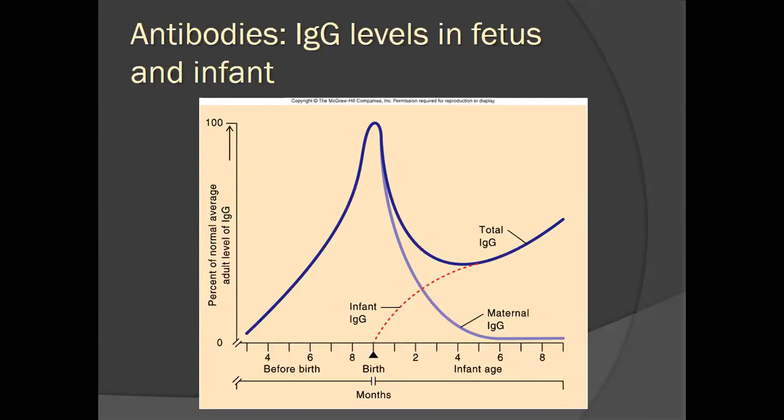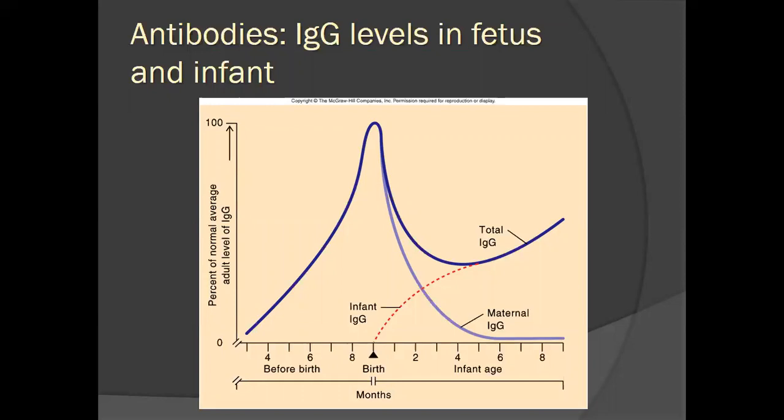So this is just a diagram that's showing what's going on between a mom and a growing baby in utero. And you can see that you have this IgG that continues to peak. Oh, in case you didn't know, there's a little arrow here because babies are born right around 9 months.